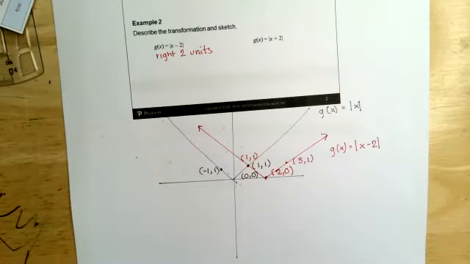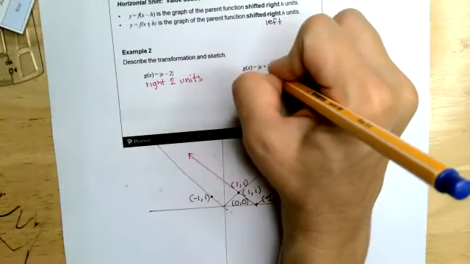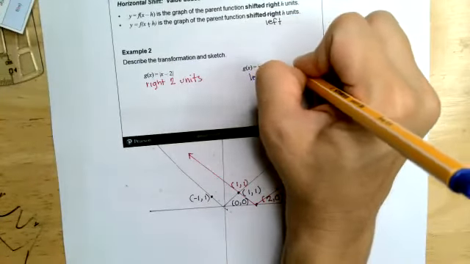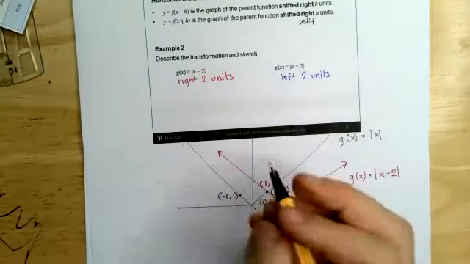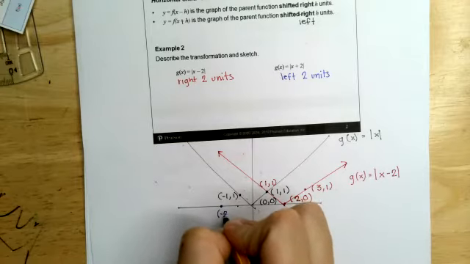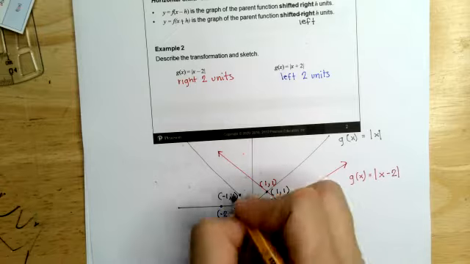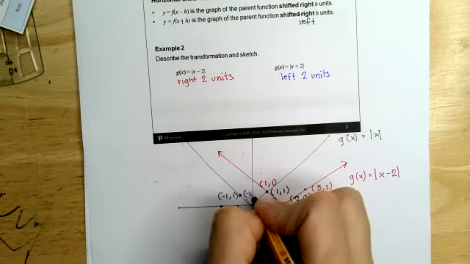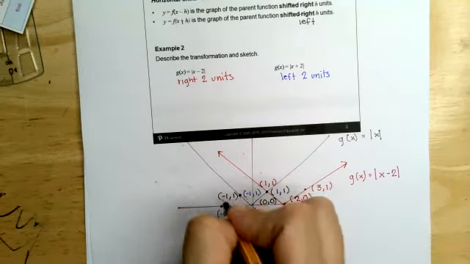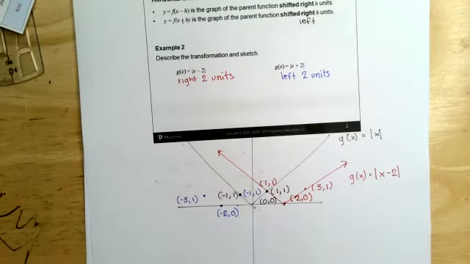And then we also have plus 2, which means we're shifting it left 2 units. So instead of 0, 0, I'm going to have negative 2, 0. Instead of 1, 1, I'm going to have negative 1, 1. And instead of negative 1, 1, I'm going to have negative 3, 1.